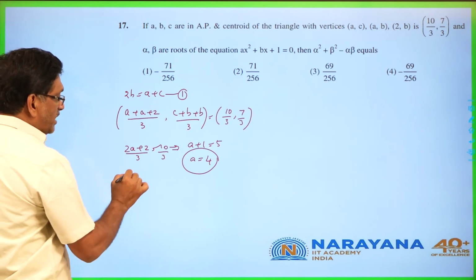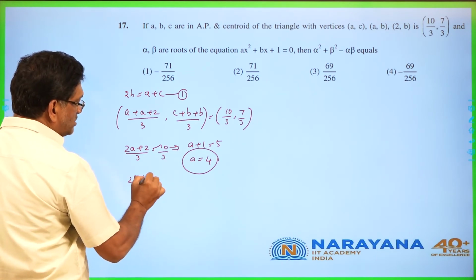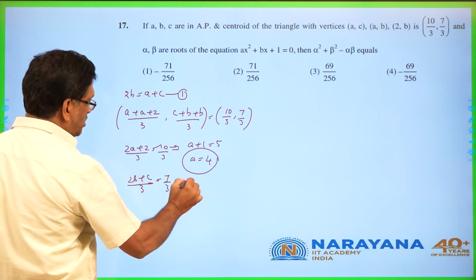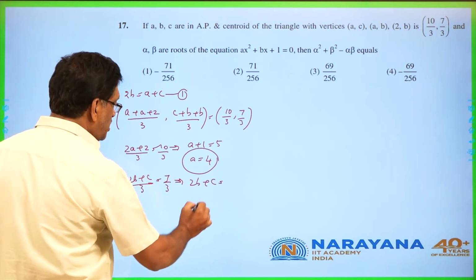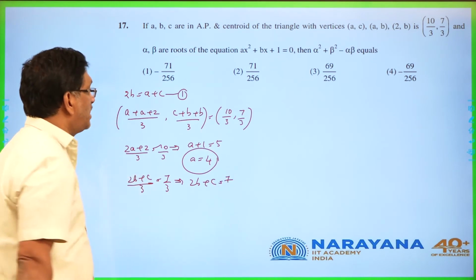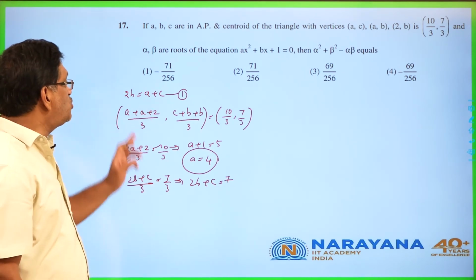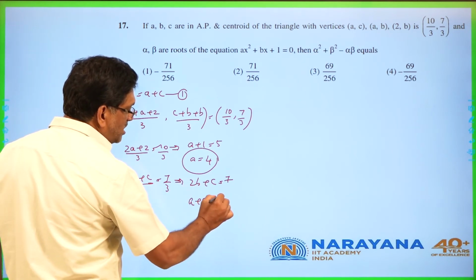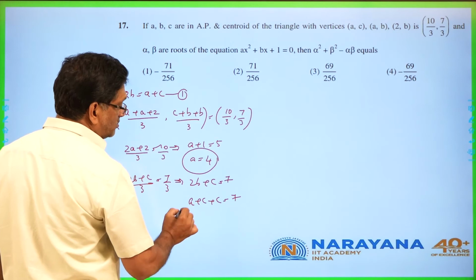Right? And next, (2B plus C) by 3 is equal to 7 by 3, which means 2B plus C equals 7. But there is a relation, so you can eliminate 2B. 2B can be written as A plus C, so A plus 2C equals 7.